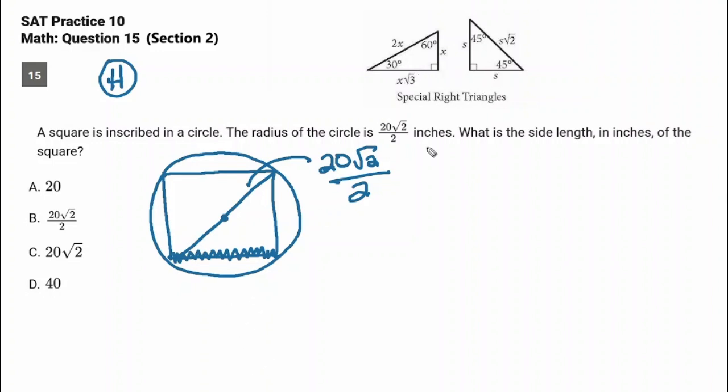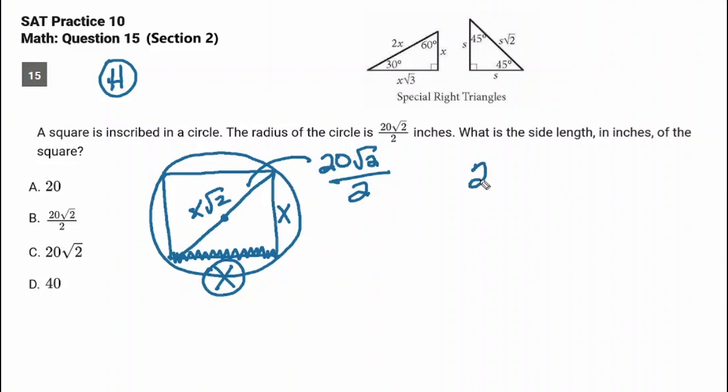So it says it's S root 2. All right, I'm going to make it x root 2. All right, and then what are we looking for? We're looking for an x. We're looking for a side of the square. Okay, x root 2 is the diameter. And what's the diameter? It's twice the radius.